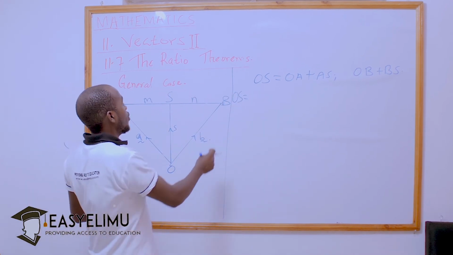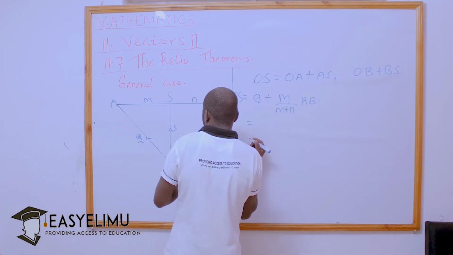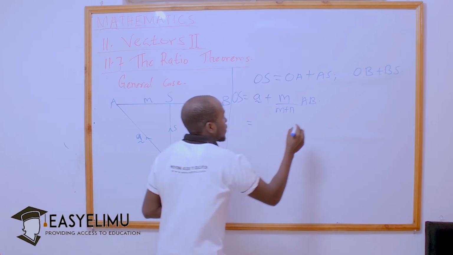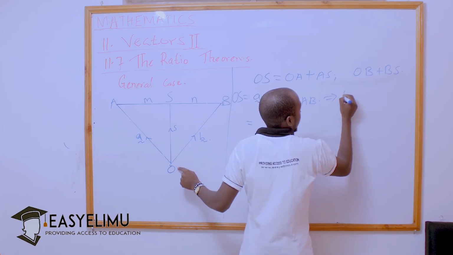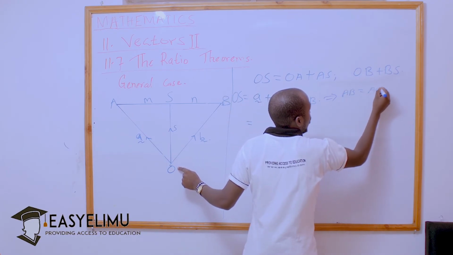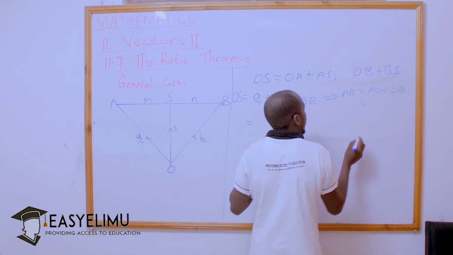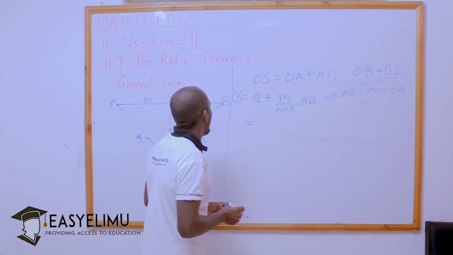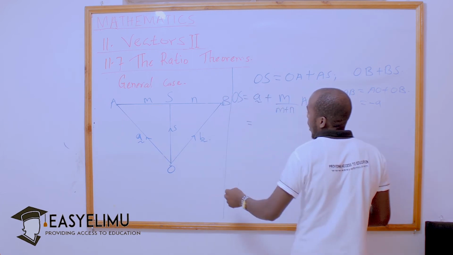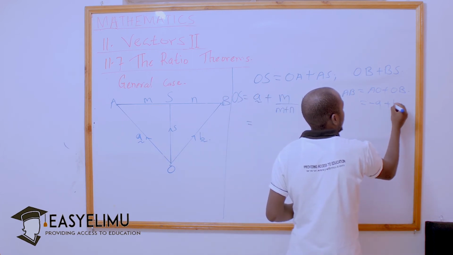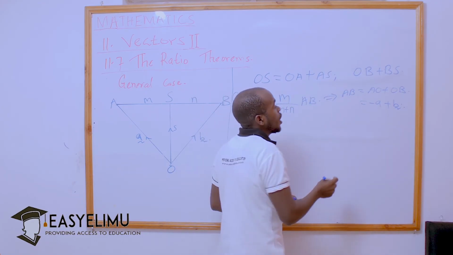So we can say line AB is equal to AO plus OB. So you will find that AO is equal to negative A because it's against the vector, and OB is positive B because it is in the way of the vector. It's according to the vector.